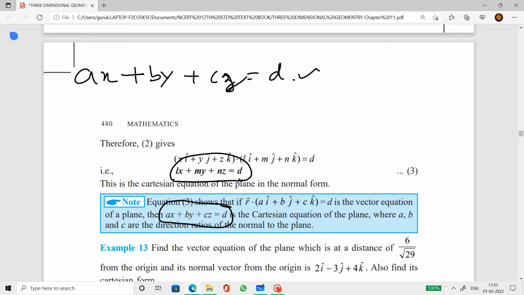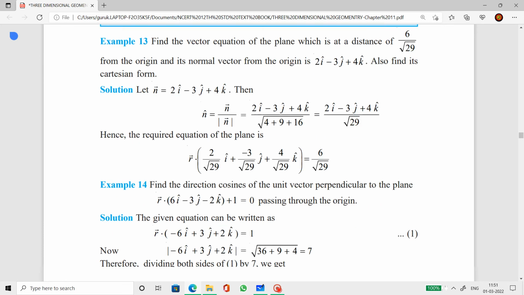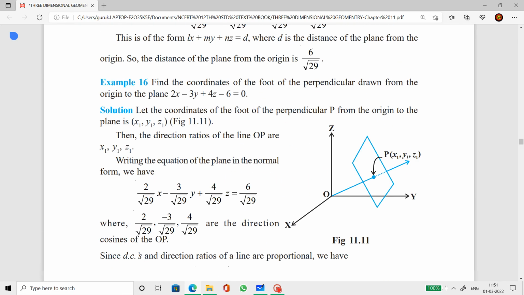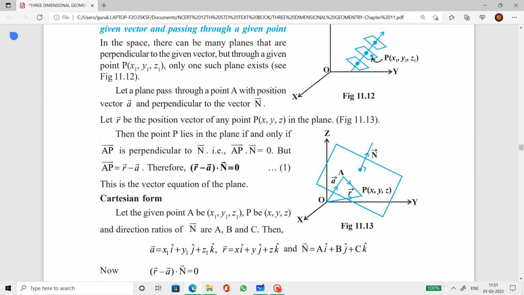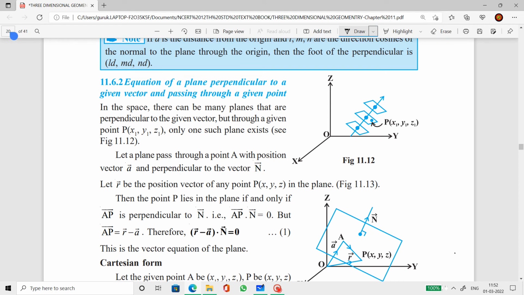Okay. Now let's go to the next concept's proof. There we go. Equation of a plane perpendicular to a given vector and passing through a point. So just see this diagram. There are 3 planes here. All the 3 planes have one perpendicular vector.